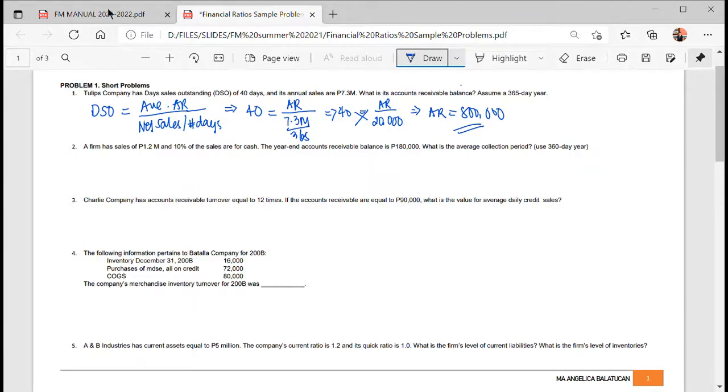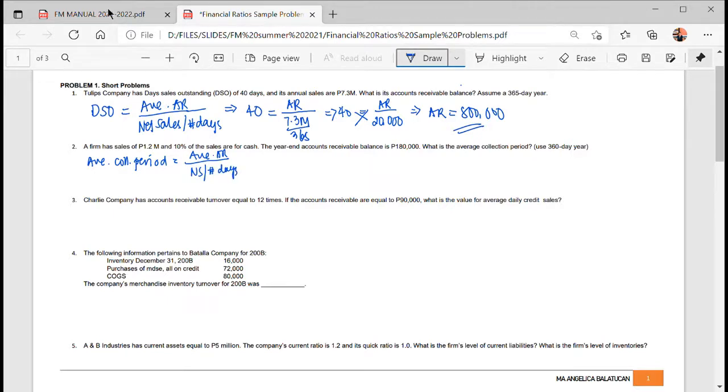The formula for average collection period is average AR over net sales over the number of days.